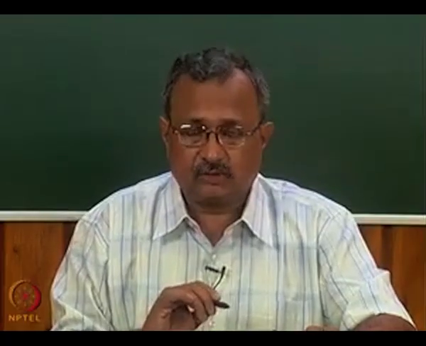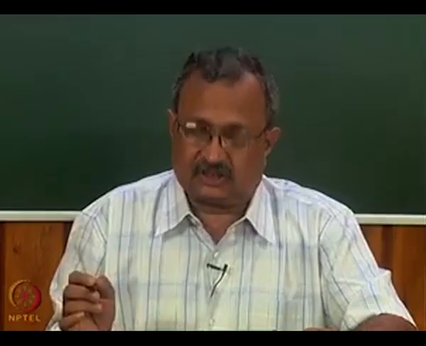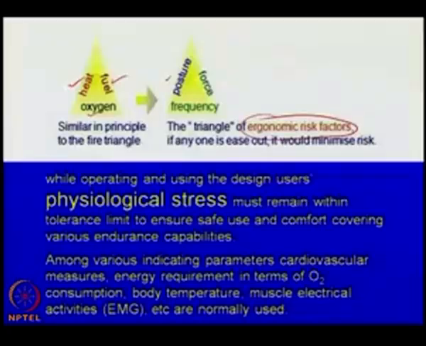In the same way, to do a certain task, the posture of the man, the force he is applying and the frequency of that force application, these three together, this triangle, is called the triangle of ergonomic risk factors. If any one is out, it would minimize the risk.